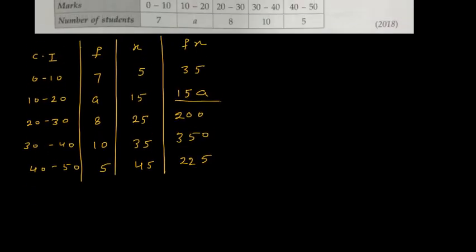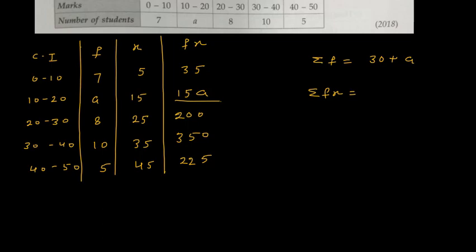This is fx. Okay, now summation of frequency, summation of f, this is 7 plus 8, 15, 15 plus 5 is 20, so 30 plus A.